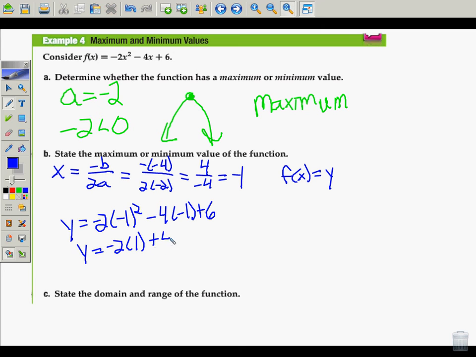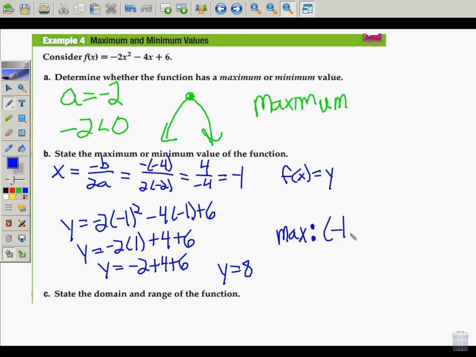So I get y equals -2 plus 4 plus 6. -2 plus 4 is 2. 2 plus 6 is 8, so I get y equals 8. So what is the maximum? The max of my function is just going to be my vertex, which is -1, 8.